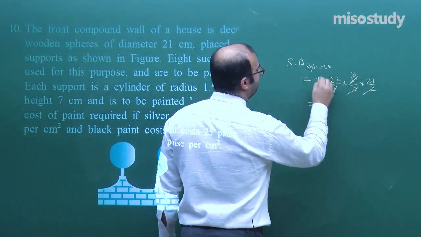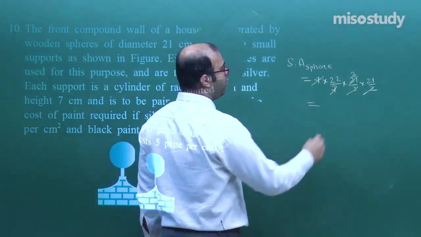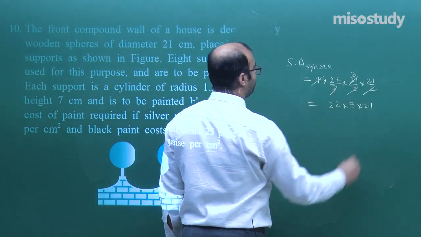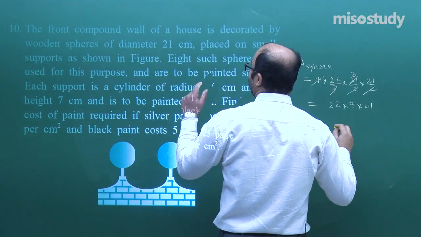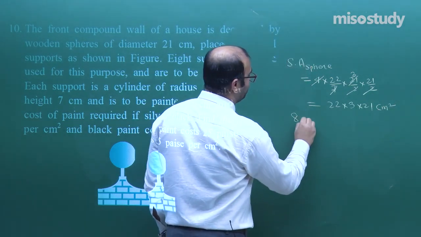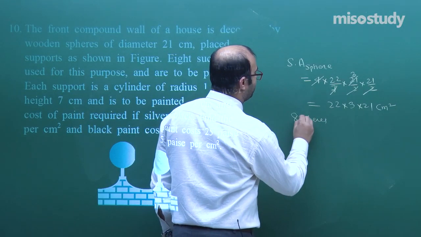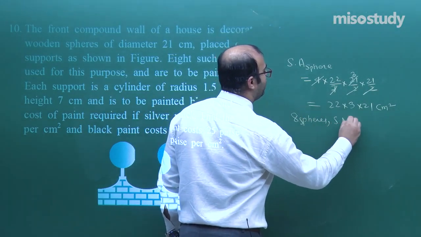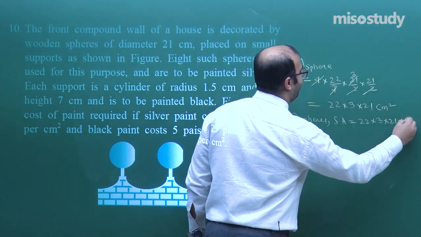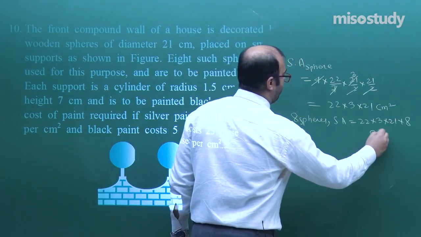Here we can divide these two with 4. So, 22 into 3 into 21. This is the area in centimeter square. Now, if there are 8 spheres, what is the surface area, student? We will multiply with 8, 22 into 3 into 21 into 8 centimeter square.